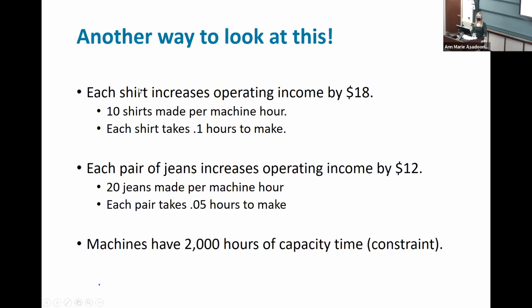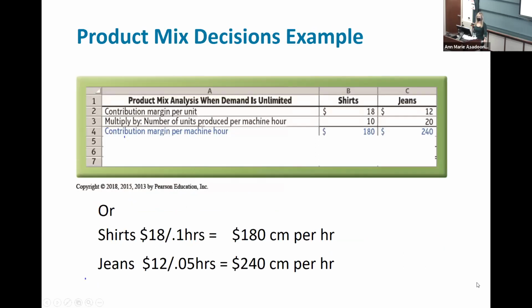Okay, so I can see here I'm able to make twice as many pairs of jeans, very similar to what we just looked at. So if I am next moving to contribution margin per machine hour, I know that I'd make $180 for that machine hour if I'm making shirts, because the contribution margin per unit is 18.